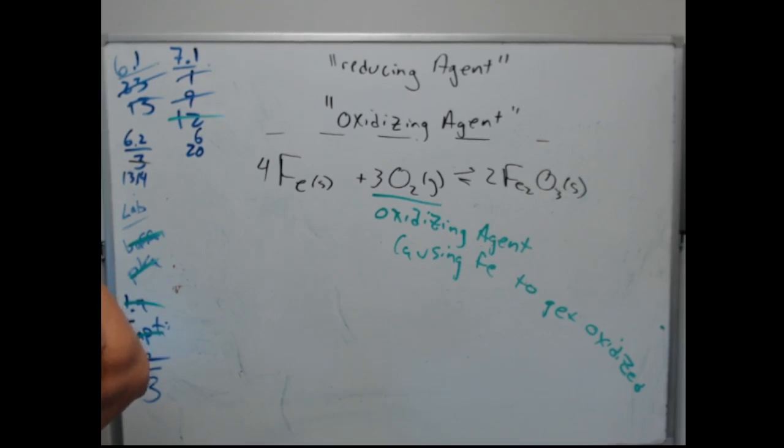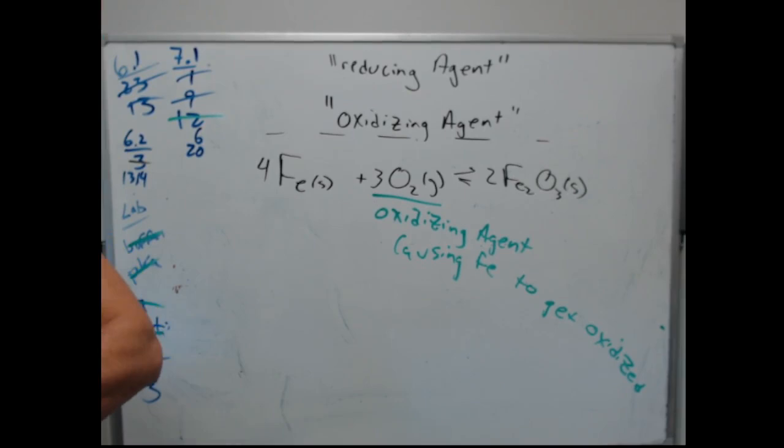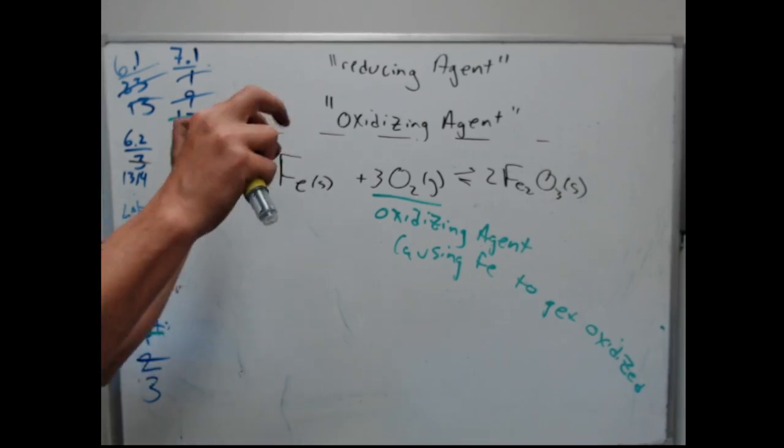It feels funny to call oxygen an oxidizing agent because it's oxygen. But the problem is we have things that behave like oxidizing agents besides oxygen. The agent is causing something to happen to something else. Oxygen is causing iron to get oxidized, which means it's the thing causing that oxidation.